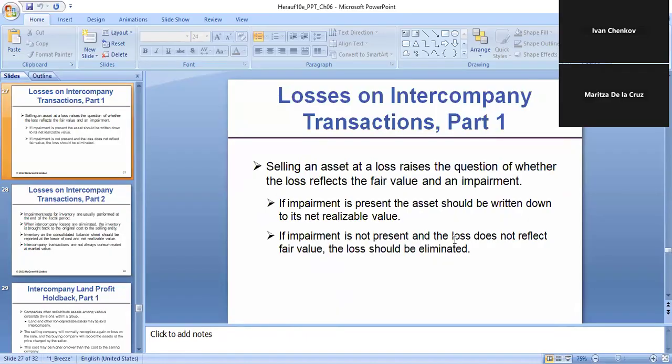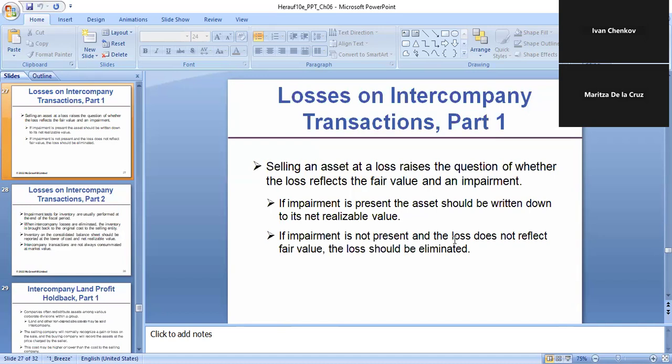What's going to happen if we're generating losses? Let's pretend we're selling assets at a loss. Obviously, that's going to raise a question. Why are we doing that? Obviously, we're trying to flip income from one company to another company.